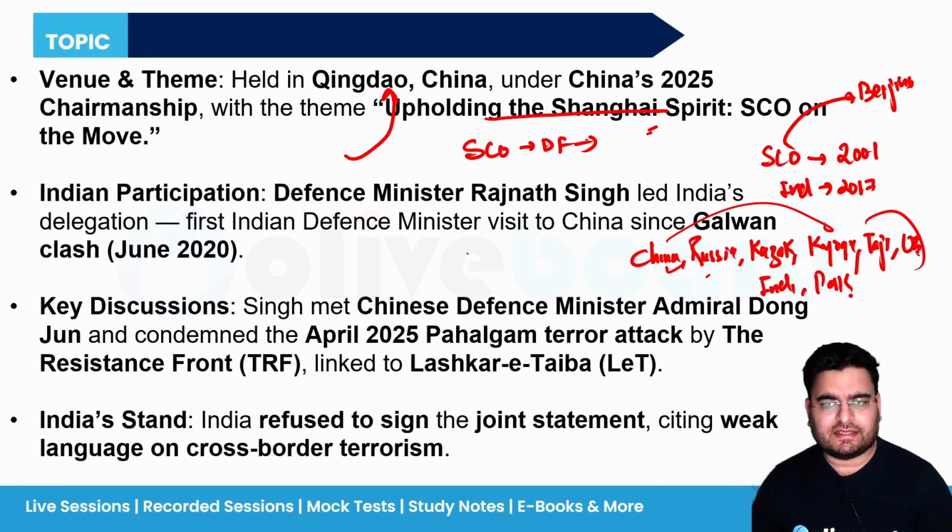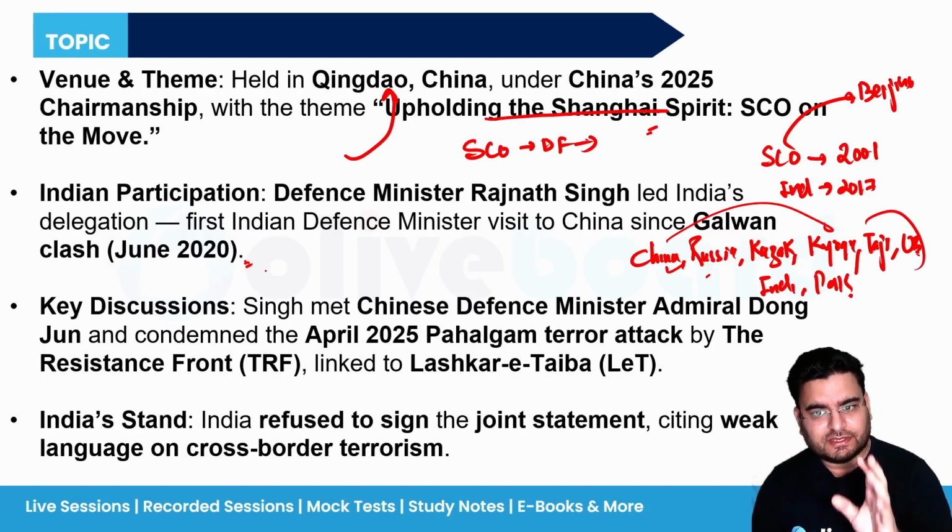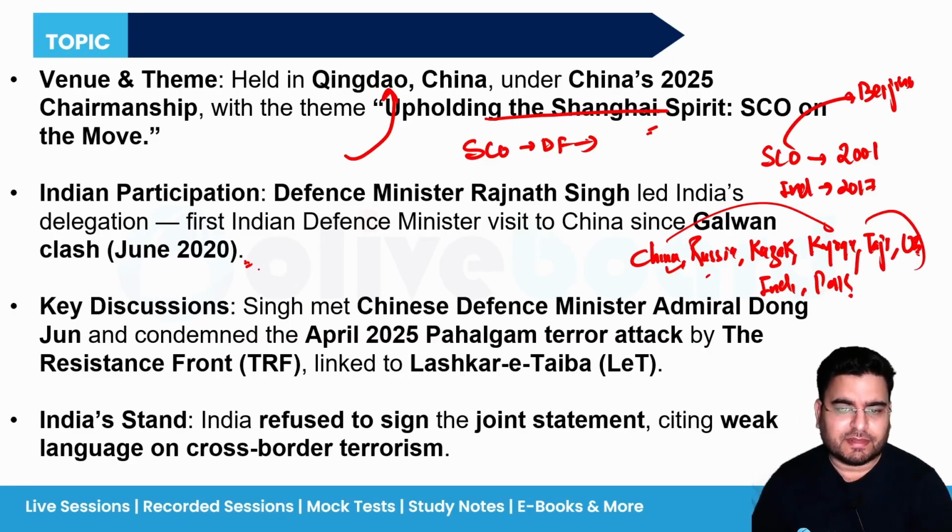Now, recently, after the Galwan clash of 2020, this is for the very first time the Defense Minister of India has participated in the Shanghai Cooperation Organization. Because of the Pahalgam terror attack that happened in April, which was not acknowledged by China, India has refused to sign the joint statement.